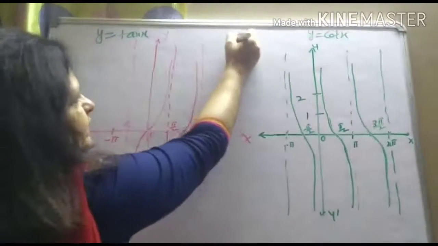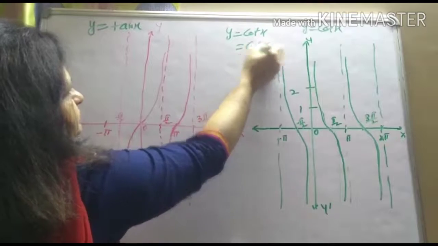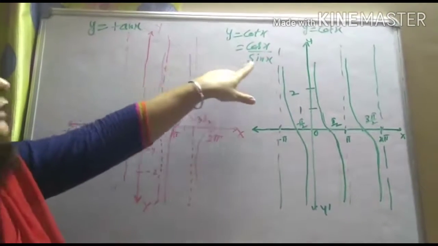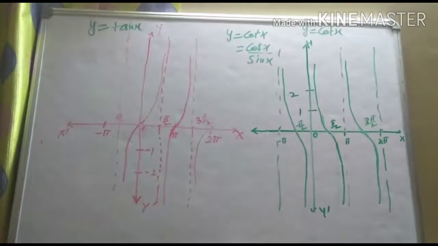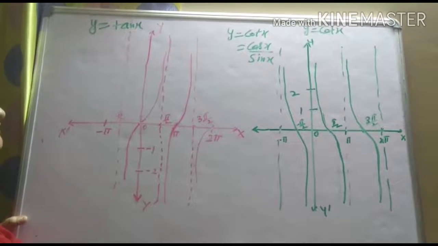Now y is equal to cot x, it means cos x by sin x. Now y is defined only when sin x is not equal to 0. It means x should not be equal to n pi, where n belongs to integer.